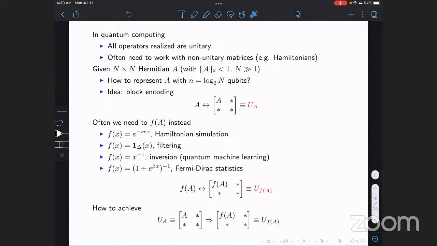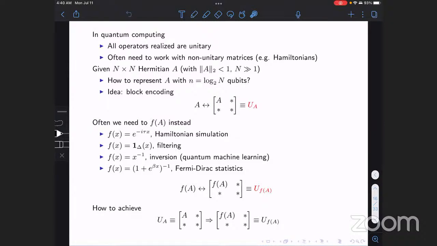Okay. So there have been several methods proposed in the literature, but in recent years, it has become clear that one very popular way to do that is something called block encoding. So essentially, instead of representing A, what we're going to do is embed A into a bigger matrix, potentially 2 times larger or 4 times larger or 8 times larger.